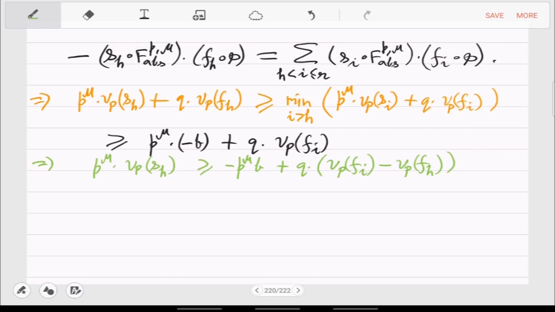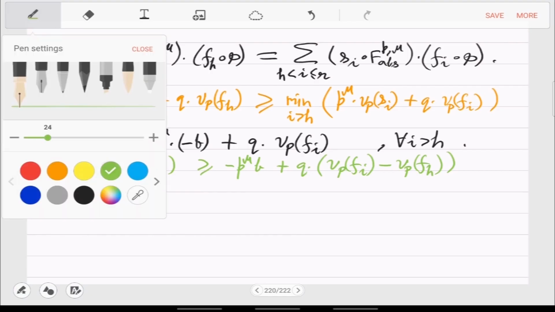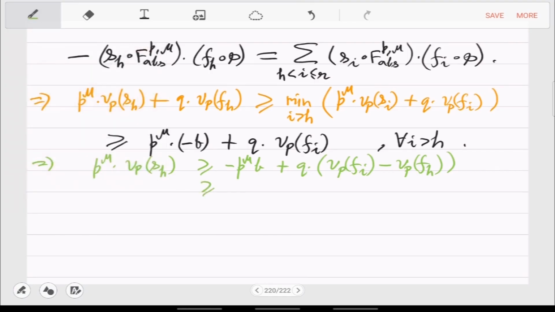And sorry, this was all I. Yeah, and valuation of Fi minus Fh, this difference is at least 1. So you get that this is at least Q minus P raised to mu B, which by the way is positive because we assume Q to be large.